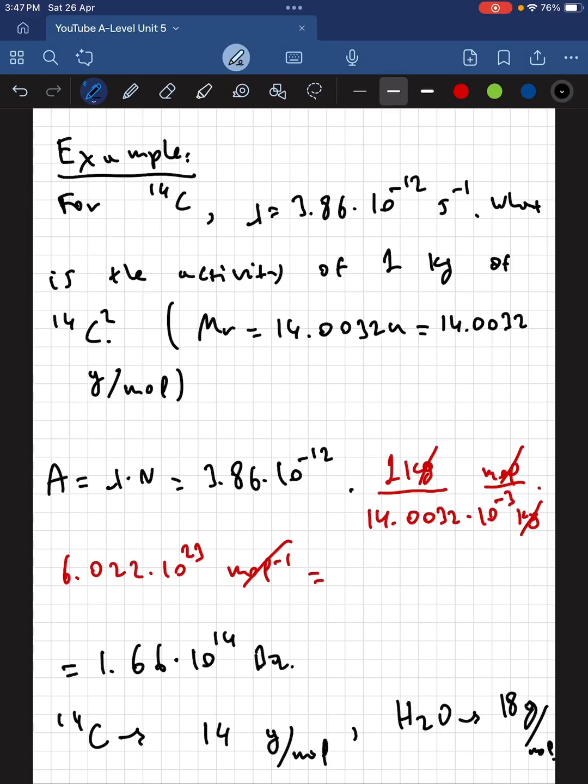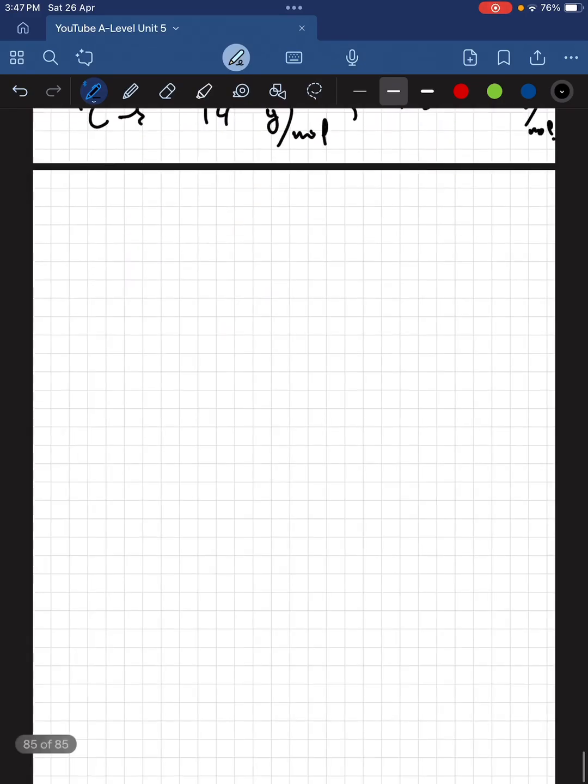Water has 2 hydrogen atoms with a mass number of 1, so 2 times 1 is 2, plus 16, the mass number of oxygen, gives 18 grams per mole. This is from chemistry, but it's good knowledge to have in the back of your mind when you work through an A-level test.